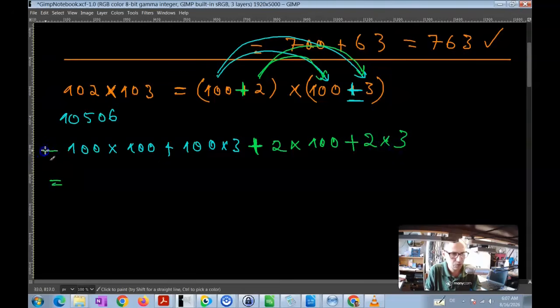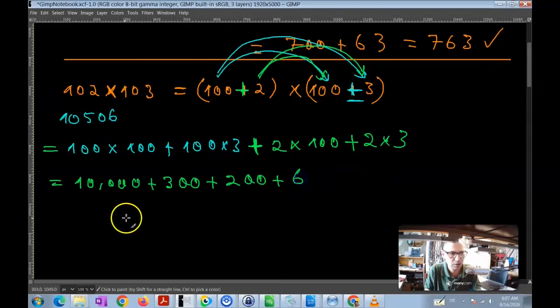So that's going to be equal to 100 times 100 is 10,000. 100 times 3 is equal to 300. 2 times 100 is 200. And 2 times 3 is equal to 6. Which means that's 506. That's 10,506, which is the number that we got over here. Okay?